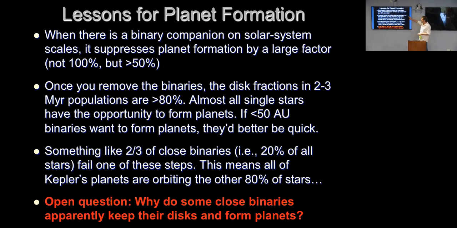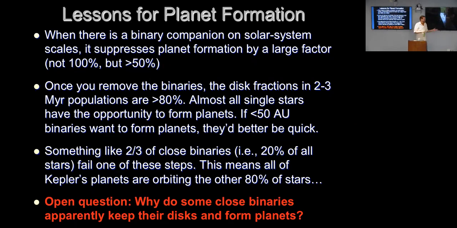But the punchline here is, it seems like if the less than 50 AU binaries want to form planets, from the disk results, they better do it quick. And from the Kepler results, it seems like they didn't do it quick. And so something like 2/3 of close binaries fail one of these steps. We can't say which just from the Kepler results, but given that this matches up reasonably well with our results for protoplanetary disks, it seems like it's one of the earlier steps.